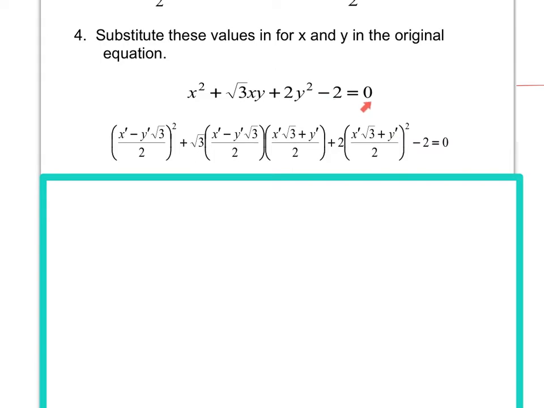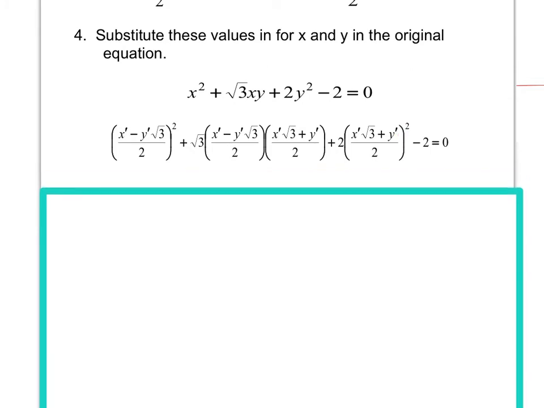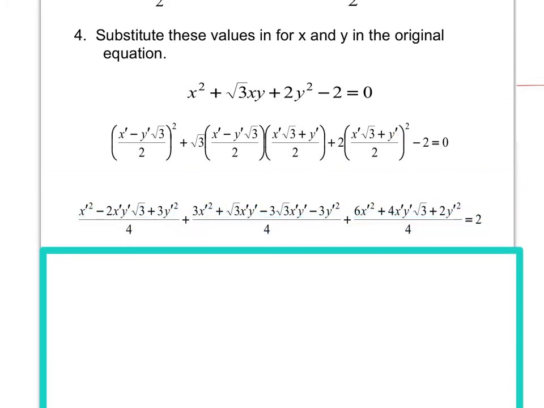Then minus 2 equals 0, here's the rest of it. So you'll notice that here I'm going to have a binomial that's being squared. Here I'm going to have FOIL, and here I have another binomial that's being squared. So when I multiply all of that out, this is where I end up.